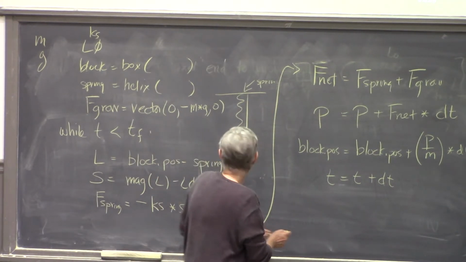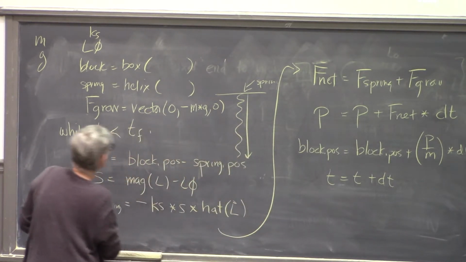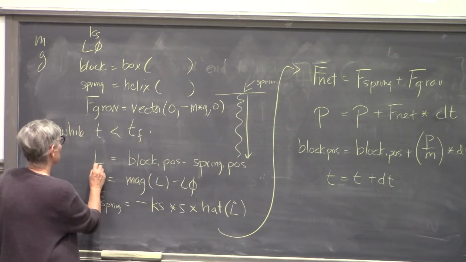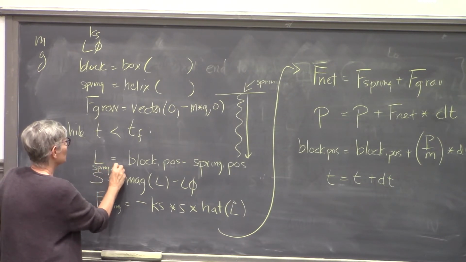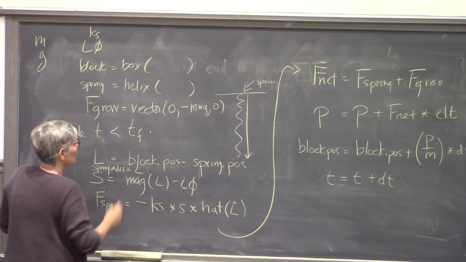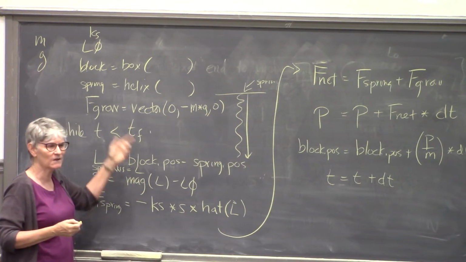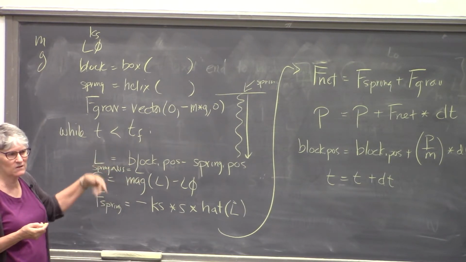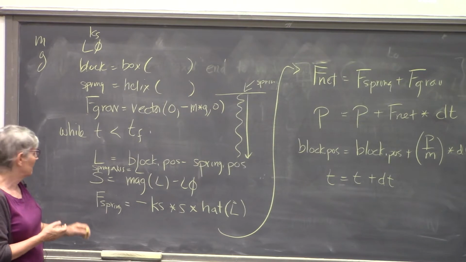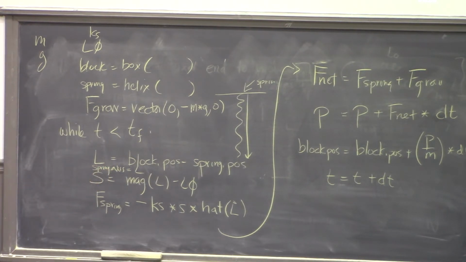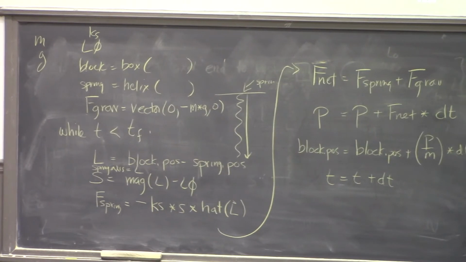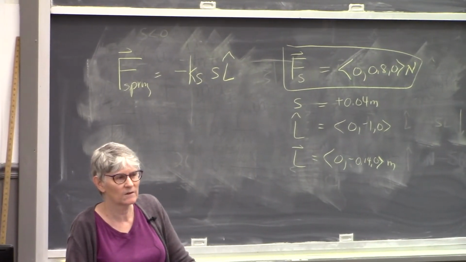So we could put here spring dot axis equals L to keep updating the spring axis. But that's the program, and it's just the calculations you would do on paper, except translated into Python.